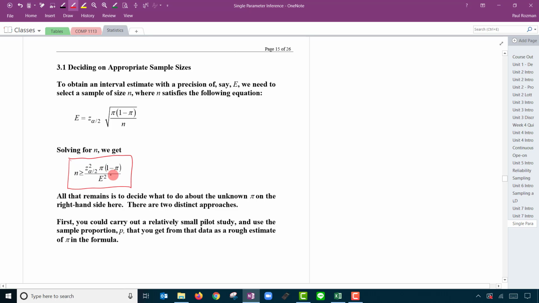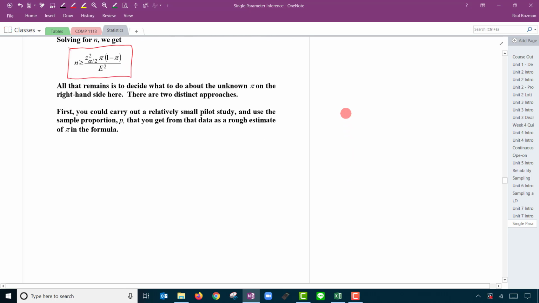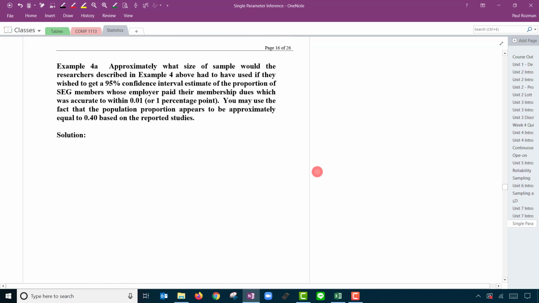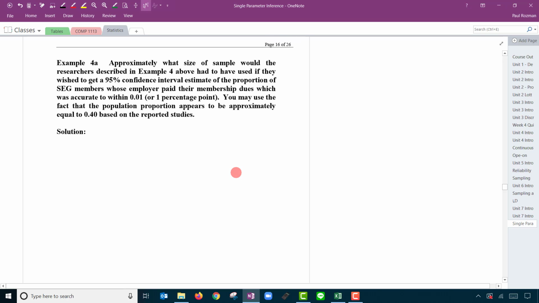In this case, we just want to err on the high side to make sure that we get a large enough n. So one way to do it is, again, maybe you have some historic data that would give you some insight as to what the proportion might be, and then you might use that in that formula.